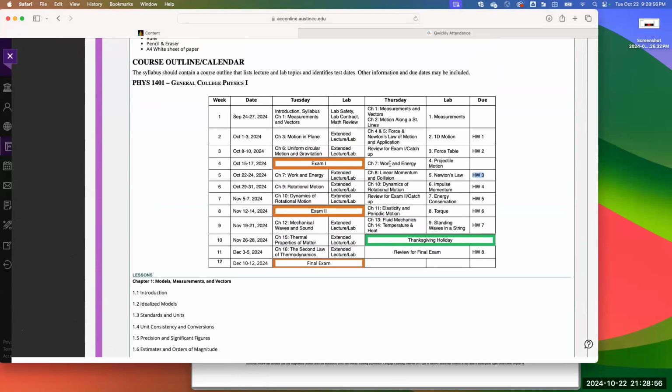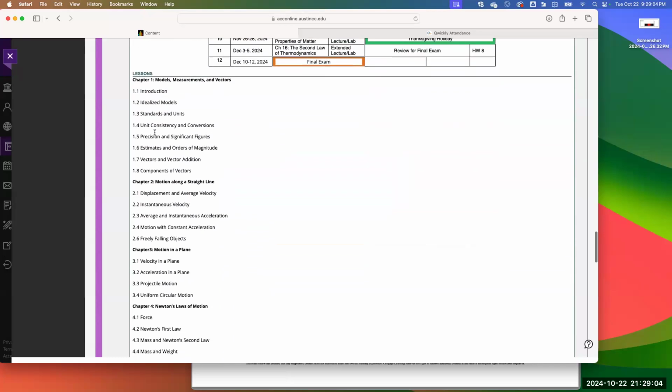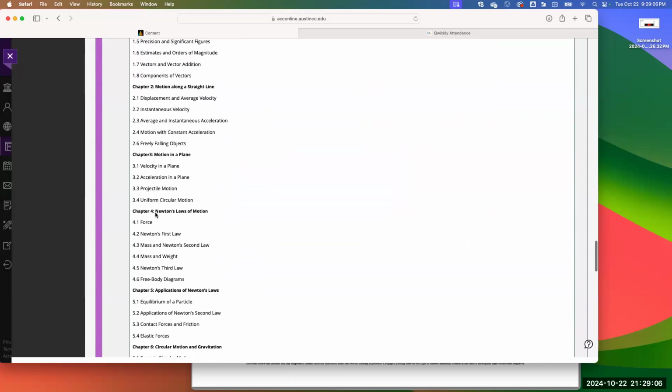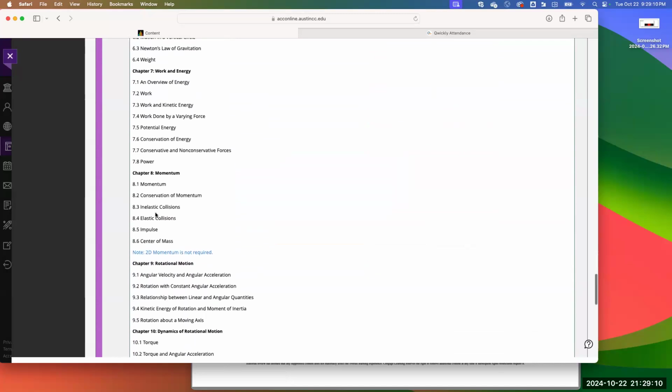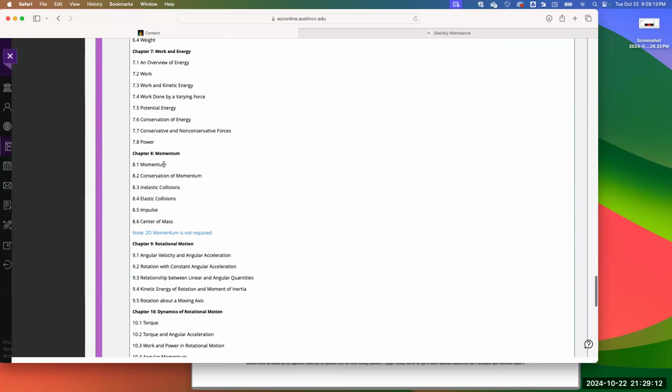Homework 3 covers work and energy only, and these are the chapters and sections that we will be covering in class. Right now we are in chapter 8. We just covered momentum and conservation of momentum, and we haven't done the problems, but we will do that after.